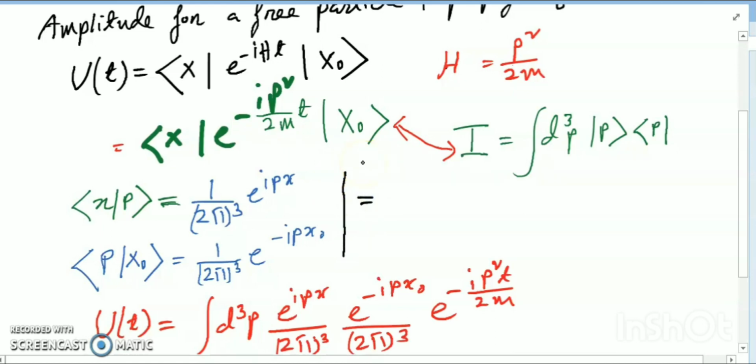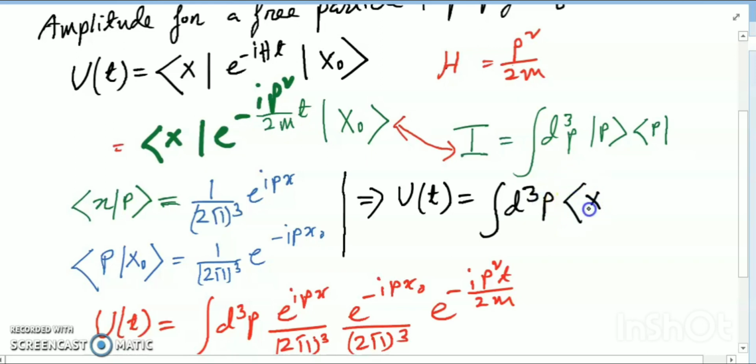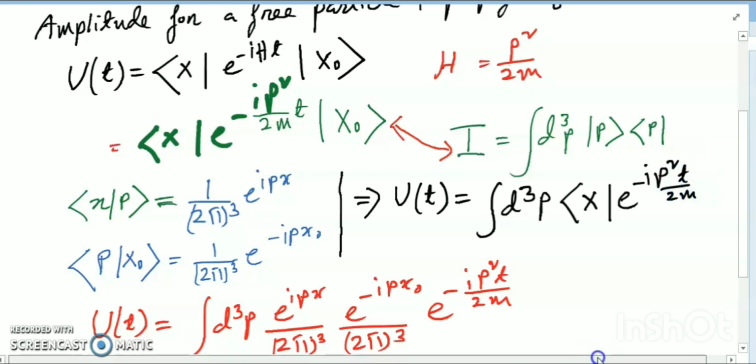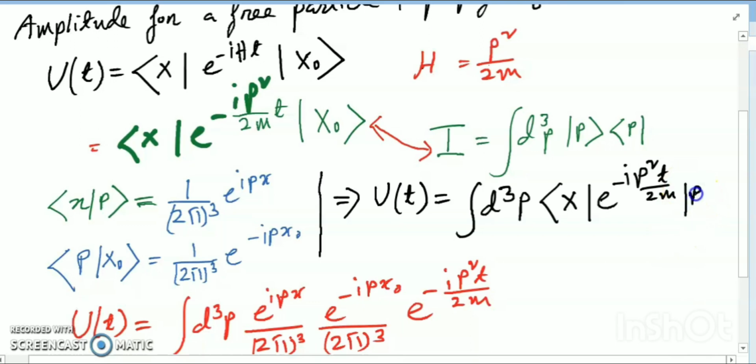Just apply this formula, so I get the integral d cubed p, and this expression, x, e to the power minus i p squared t divided by 2m, and this equation can be written this way.